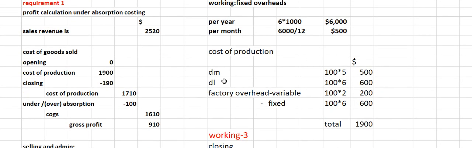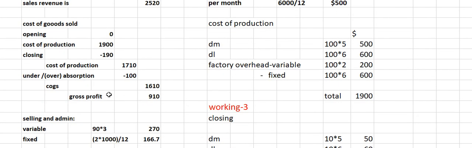But what we consumed here is fixed overheads of $600. So we have over absorption, and we have to deduct it to get the total cost of goods sold for the month. So we deduct the over absorption of $100 and we get total cost of goods sold 1610.